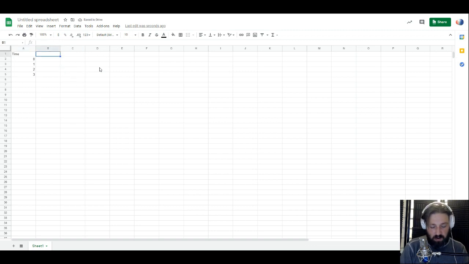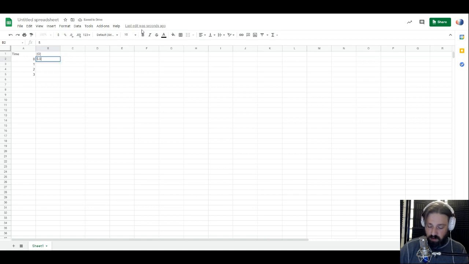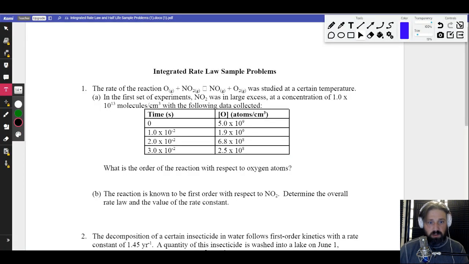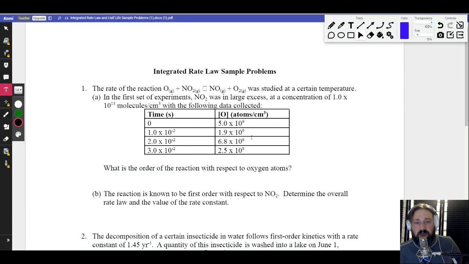And then here, this is going to be our concentration of O. And what were those numbers? 5.0, 1.9, 0.68, and 0.25. The reason I moved the decimal place over is because we have different orders. I just converted these times 10 to the 8ths to 2 times 10 to the 9ths in order to make everything nice and neat.